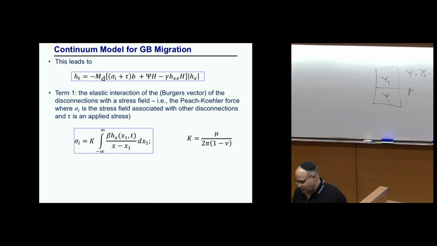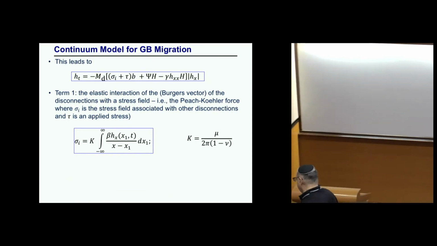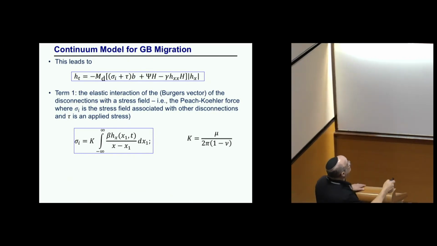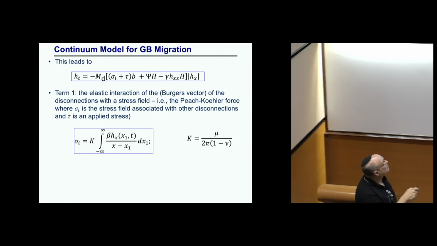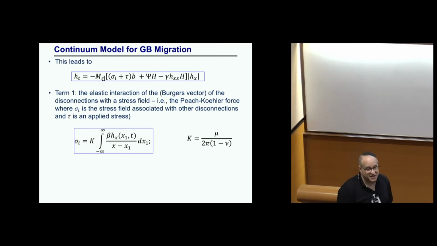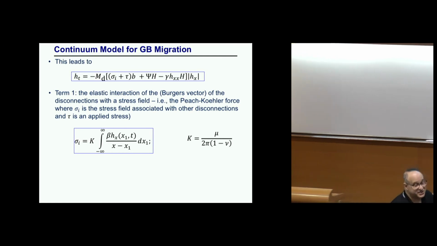So if I actually write it down, here are all the basic pieces. This part is just the mobility times the density times the force. This force actually has three parts to it. The first part is the interaction of the Burgers vector of the disconnection with the stress. The stress has two pieces.